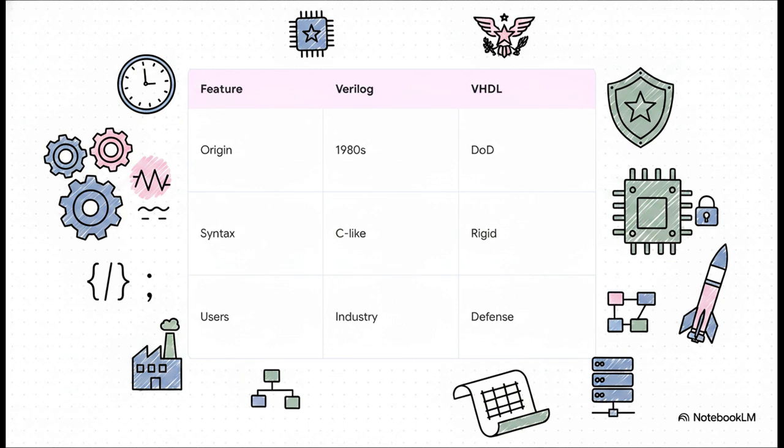VHDL, on the other hand, stands for Very High-Speed Integrated Circuit Hardware Description Language. Try saying that 3 times fast. It was actually developed for the U.S. Department of Defense. Because of that specific heritage, VHDL is all about strong typing, explicit design descriptions, and incredibly rigorous structure. That makes it the absolute darling of the aerospace and defense sectors.